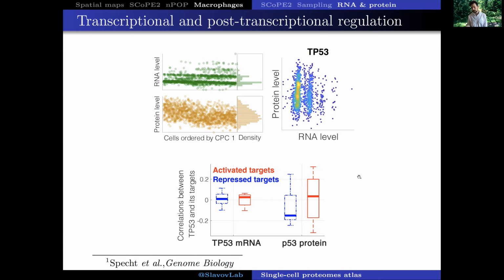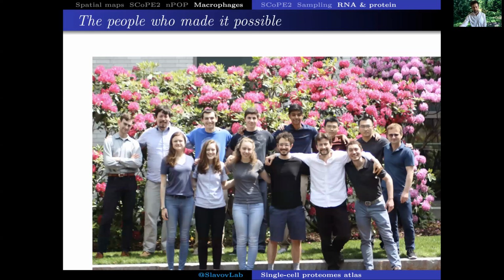And of course, this is incomplete because our data at this point do not capture post-translational modifications and localization of p53, which may in part account for not seeing the expected regulation for the activated targets.